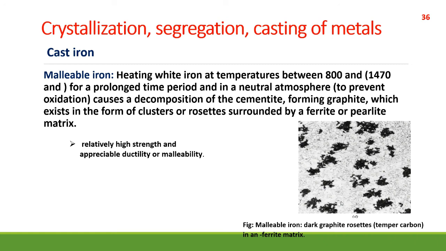So here you see the microstructure, and the black portions are again graphite, or the temper carbon, or the graphite rosette, which is not exactly round but has some shapes, and they are accumulated together, and this is an alpha ferrite matrix. The white portion is alpha iron.